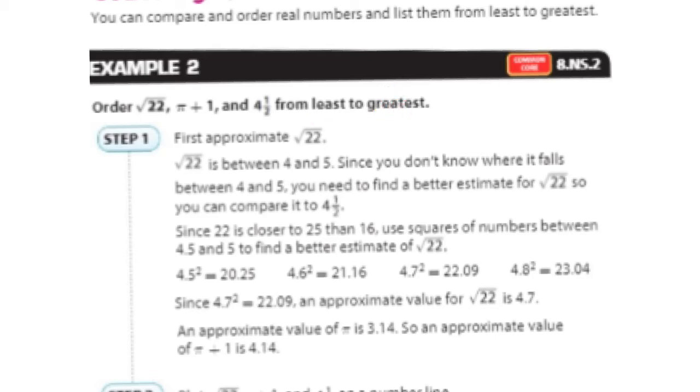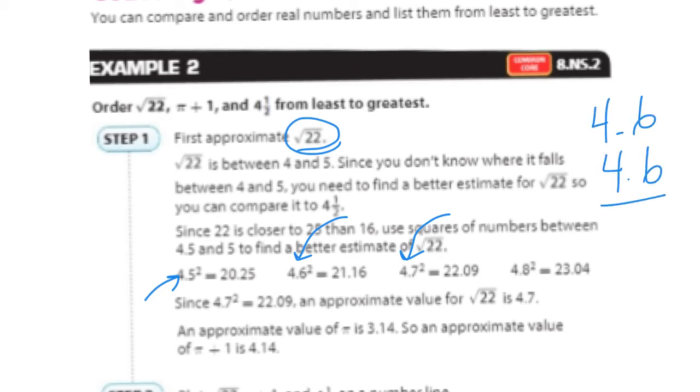And this is one that I would tell you right away to use your calculator. You see, they want you to approximate the square root of 22 by taking 4 and 5/10 and squaring it by hand, 4 and 6/10 and squaring it, 4 and 7/10 again squaring it by hand. And when I say squaring it by hand, they mean 4 and 6/10 times 4 and 6/10. Do that long multiplication problem. But I'm just going to tell you to grab your calculator.